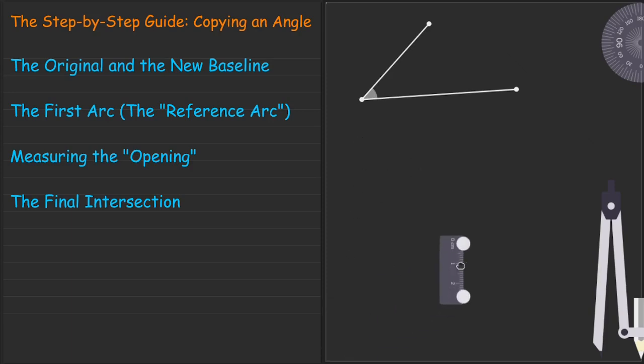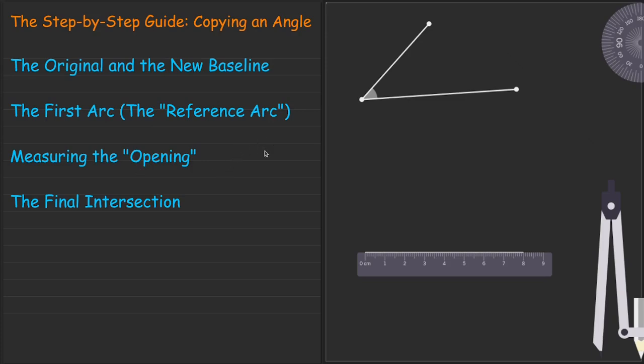So what you are going to do at this point is take your ruler and draw a line that you'll be referring to as your baseline. I'll draw a straight line of any measure. Now, as we have drawn our baseline, the next thing we need to take care of is to introduce a vertex on the baseline.